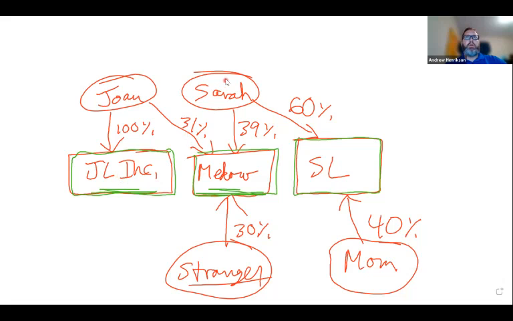And Joan and Sarah together through their 70%, right? The 31 and the 39 is 70. Together they control Meadow. And there's a cross ownership where Joan owns 25% or more of Meadow. So that's it. So JL and Meadow are associated based on D.